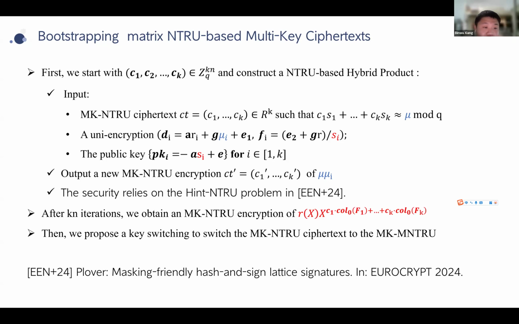After k times n iterations, we obtain a multi-key NTRU encryption of this. Here, R(X) is a polynomial where we specially designed the coefficients so that the constant term of the ring ciphertext is exactly what we want. Then, we also propose a key-switching method to convert the multi-key NTRU ciphertext into the first layer multi-key NTRU ciphertext for further operations.